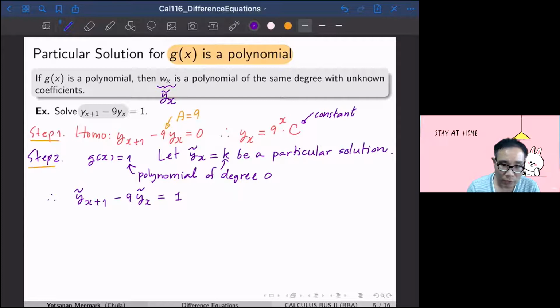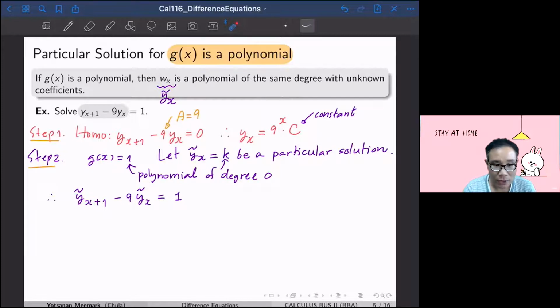Okay, so it means it's going to be the solution that will satisfy the given difference equation. So this guy is going to be the particular solution. What does it mean to be a particular solution? It means that it's going to satisfy the difference equation that you would like to solve.